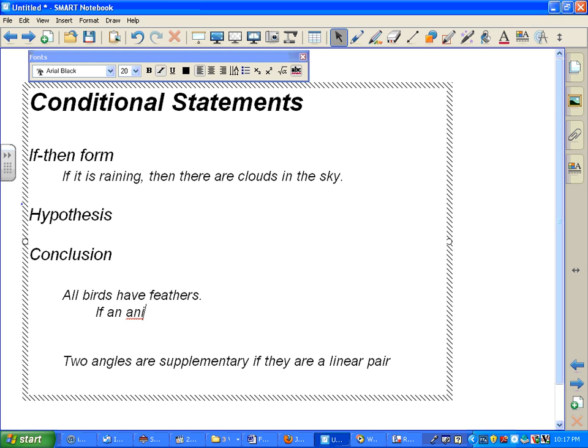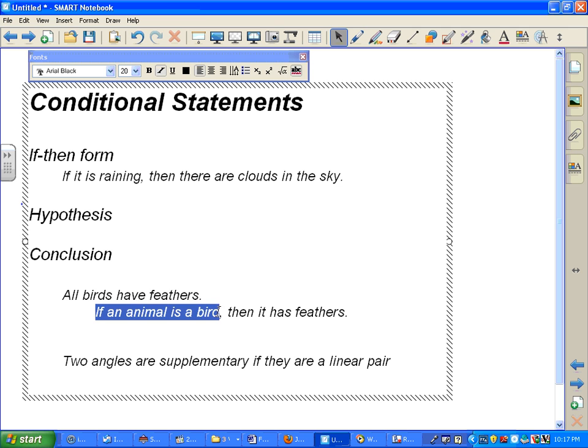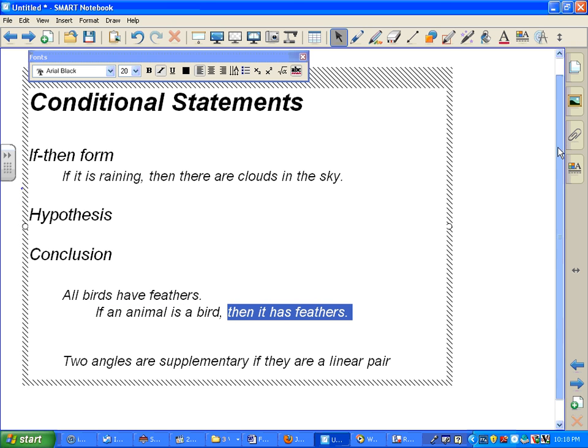If an animal is a bird, then it has feathers. I made all birds have feathers into an if-then. If an animal is a bird, there's the bird part, then it has feathers, the feathers part. My hypothesis is the if part, if an animal is a bird, and the conclusion is then it has feathers. If it's hypothesis, then it's conclusion.